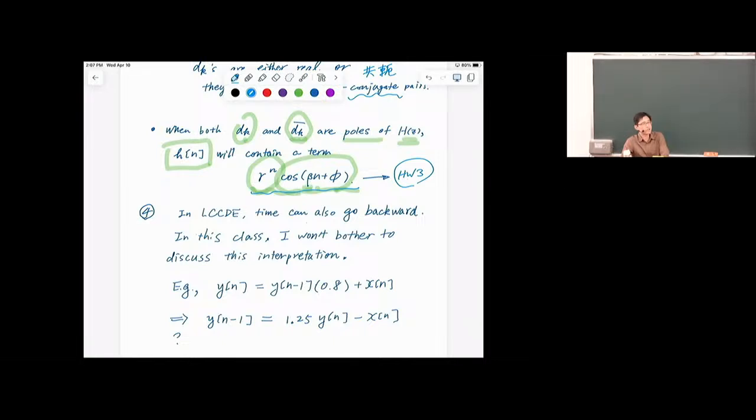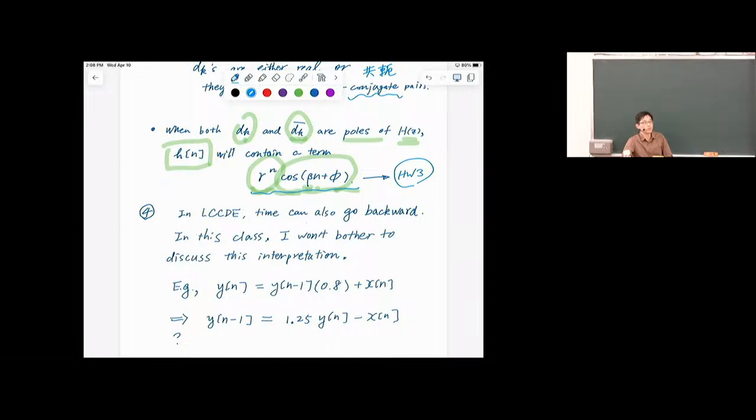And it makes sense because by Euler's formula, cosine equals something plus another thing divided by 2, right? And those two things are geometric sequences in this context. So it's still true that the impulse response of a difference equation can always be written as a linear combination of several geometric sequences.